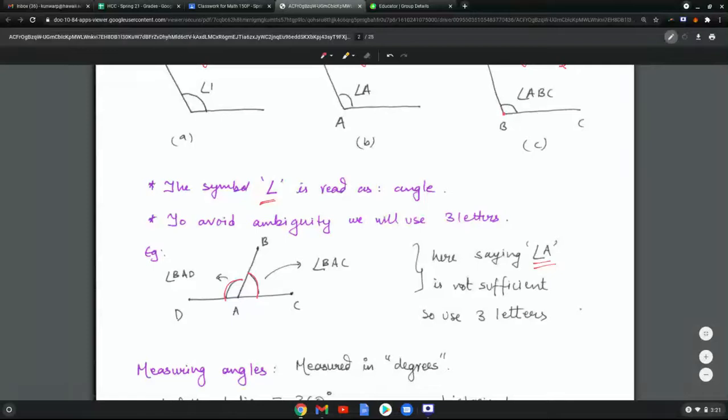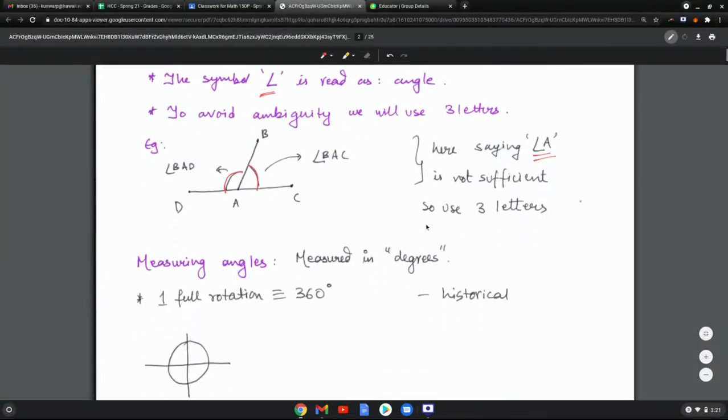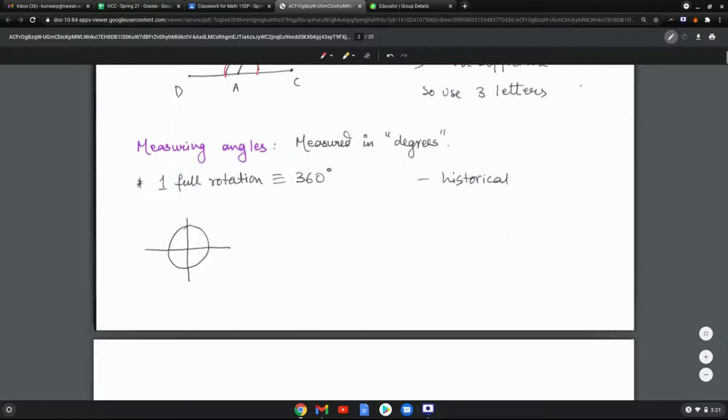Now that we have named it, the next thing to do is how do we measure it? We need a unit. One of the units that we measure this in is called degree. It's a historical thing that we denote one full rotation by 360 degrees. A short side note, this is a remnant from the Babylonian era where they worked in what's called base 60.